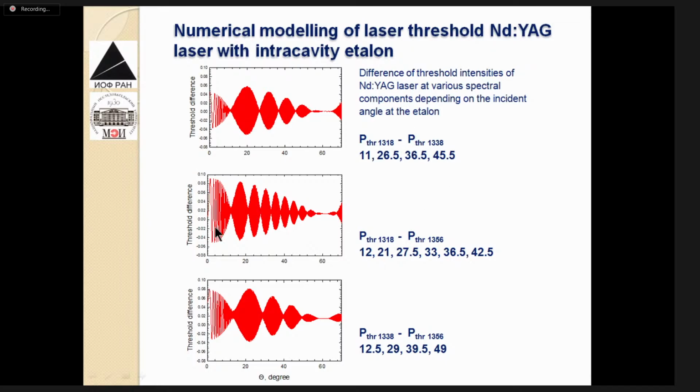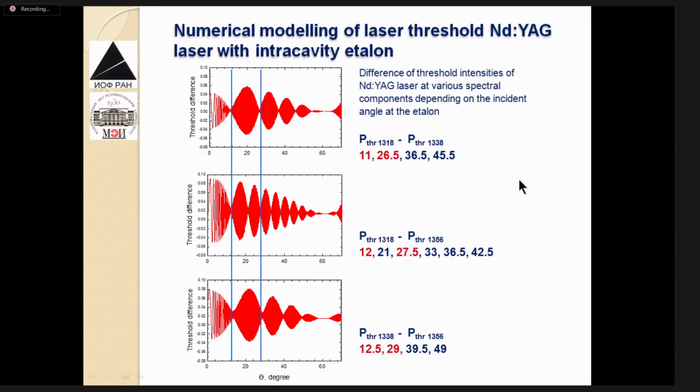We calculated these differences for different combinations of our spectral components.